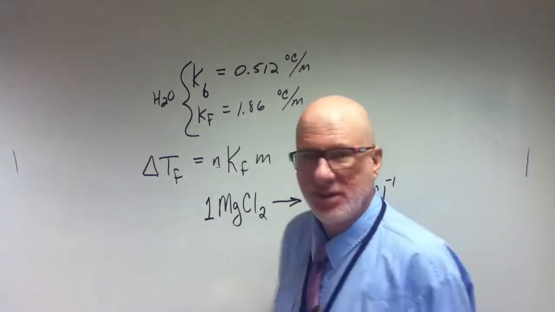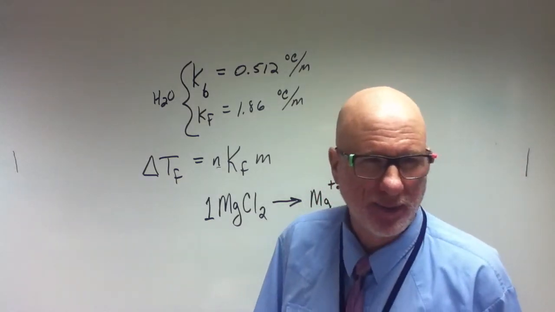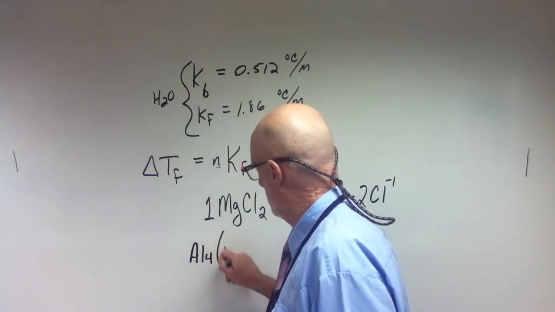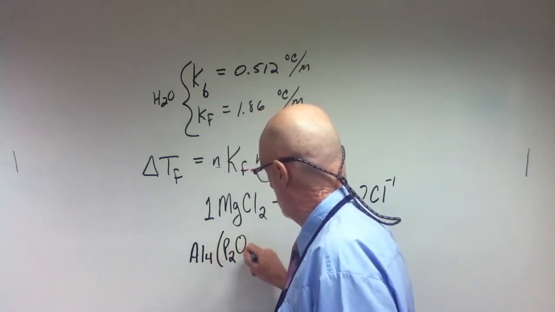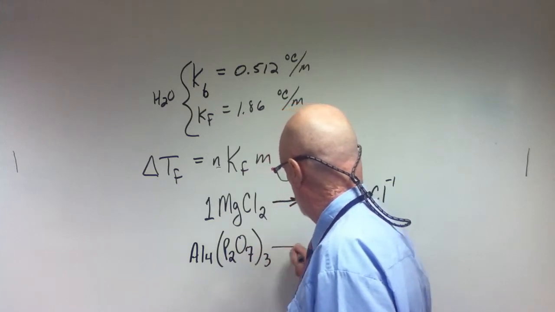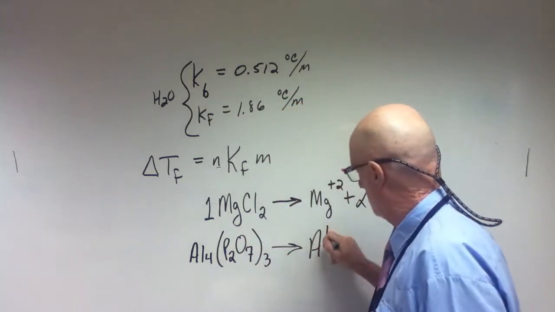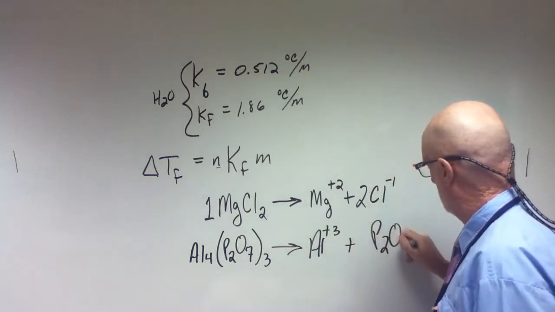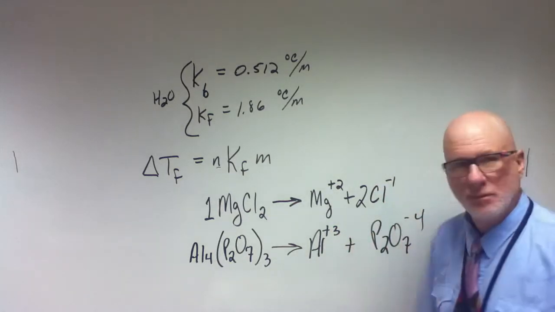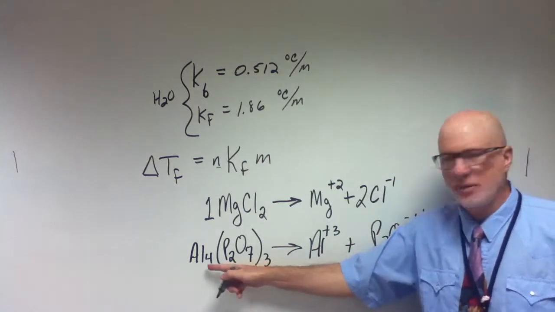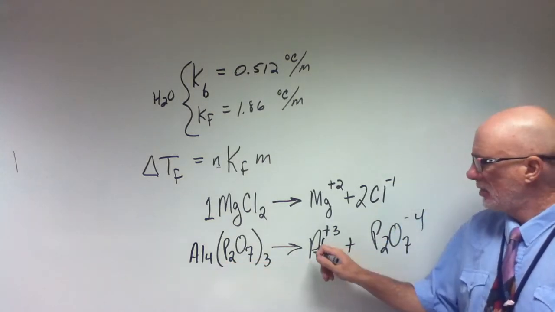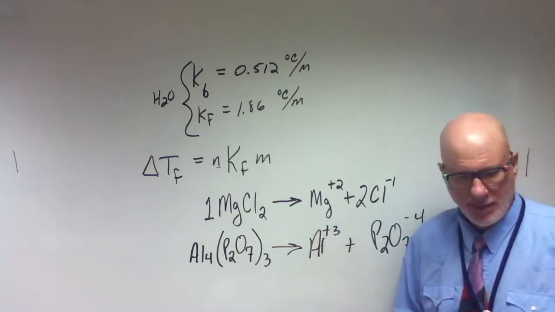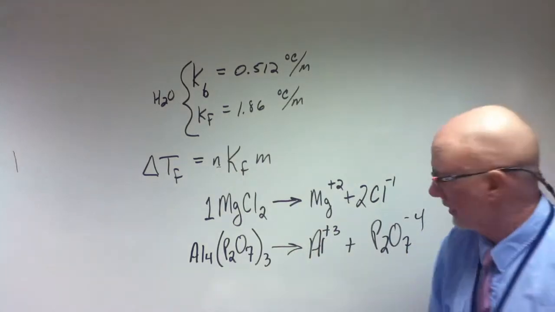How about if I have something, this is probably a pretend example, but we'll do it. Aluminum pyrophosphate. How many moles of aluminum ion am I going to have? 4, exactly.